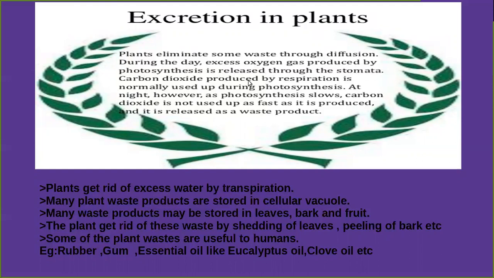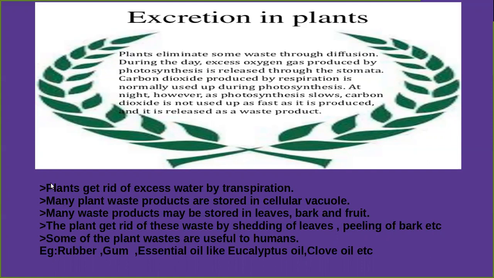Carbon dioxide produced by respiration is normally used up during photosynthesis. At night, however, as photosynthesis slows, meaning there is no photosynthesis, carbon dioxide is not used up as fast as it is produced, and it is released as a waste product through the stomata.